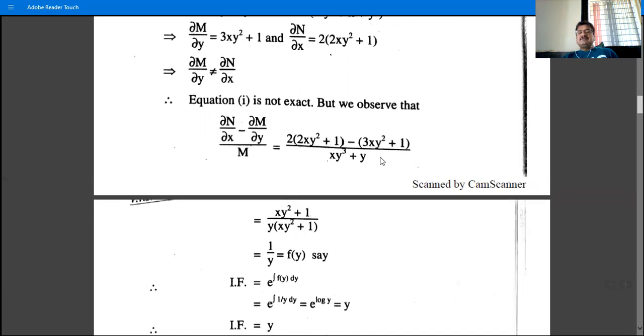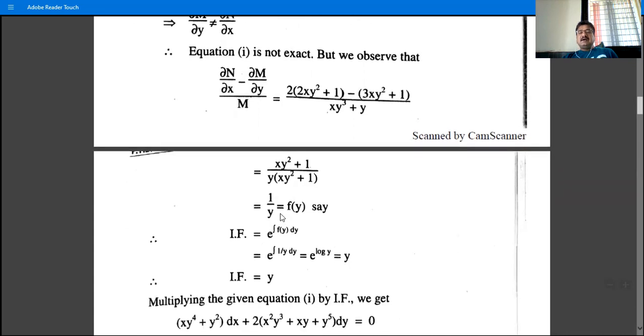So xy square plus 1 gets cancelled, and we have the answer 1 by y, a function of y only. Therefore the integrating factor is e raised to the integration of f(y) dy, that is e raised to the integration of 1 by y dy, and the integration of 1 by y is log y. The exponential and logarithmic functions are inverses of each other, so e raised to log y is y, and the integrating factor is y.